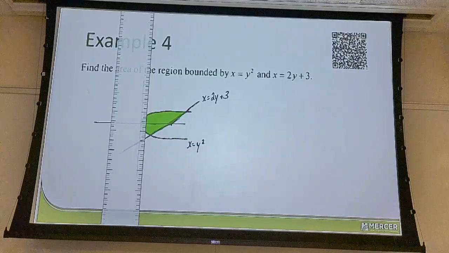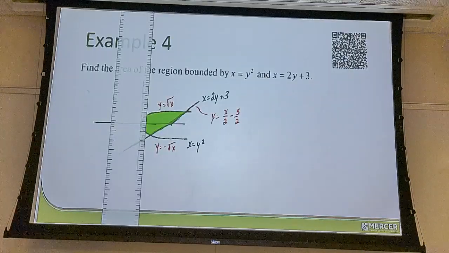Vertical, they need to be functions of x. It would be negative root x to positive root x.